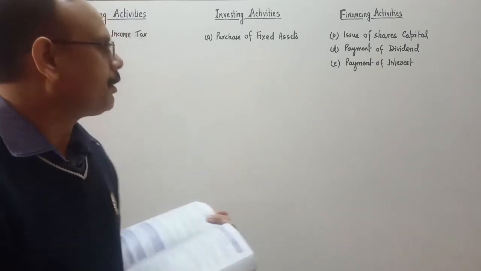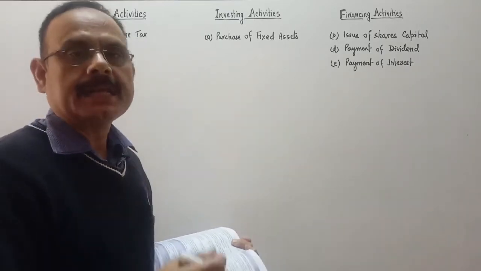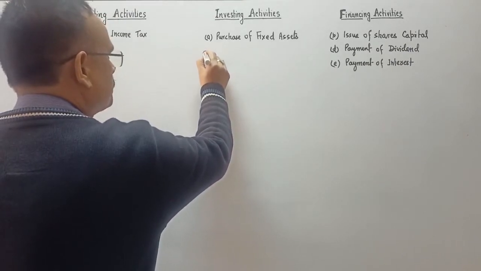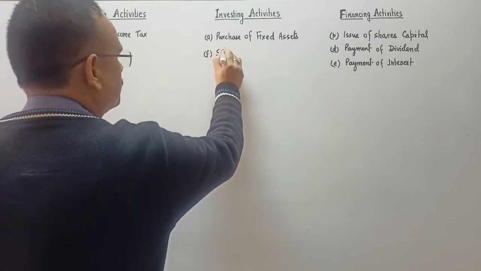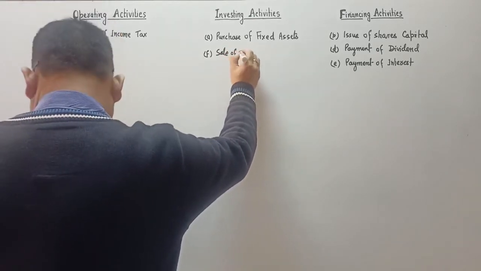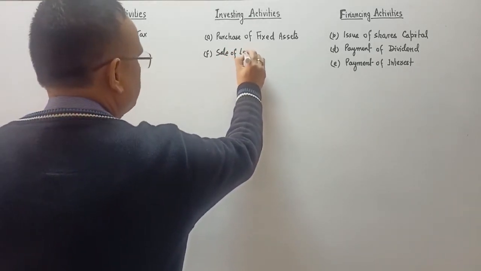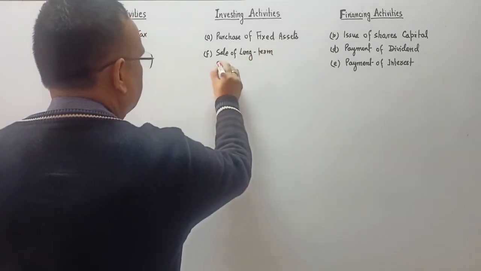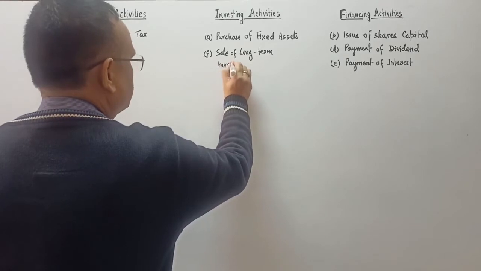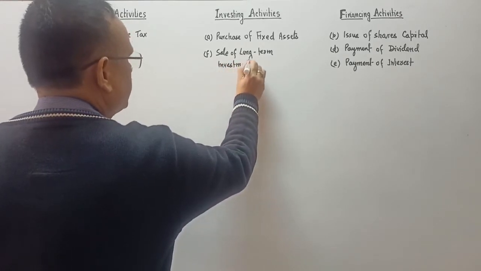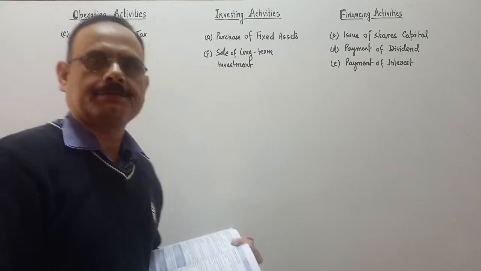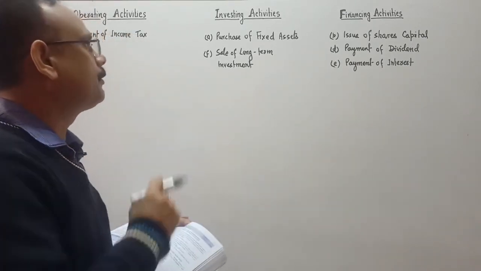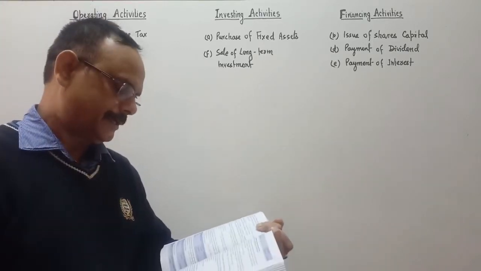So sale of long term investment, point number F, is an inflow of cash under investing activity.